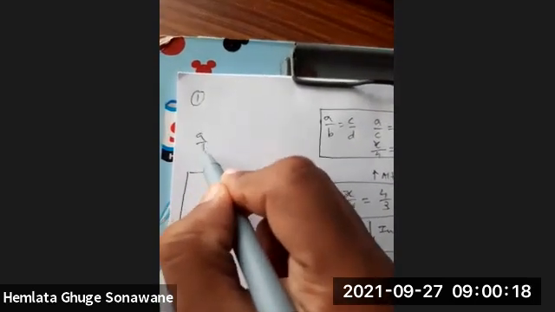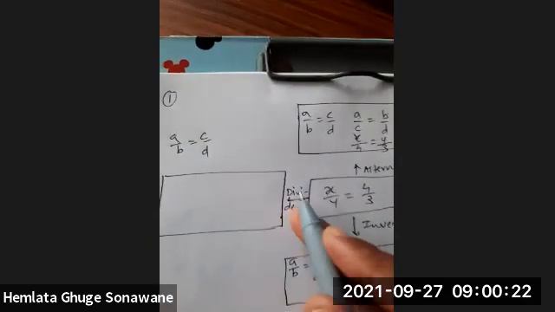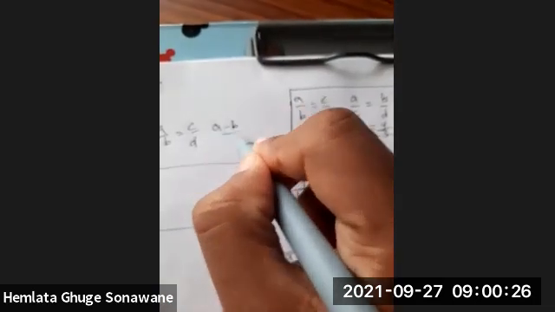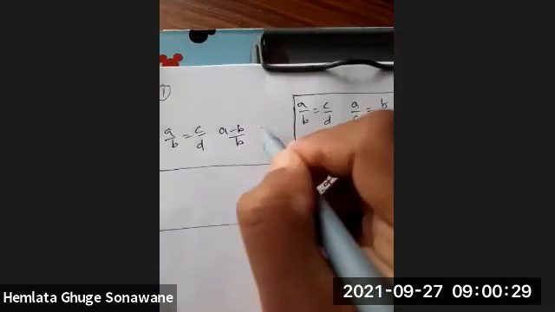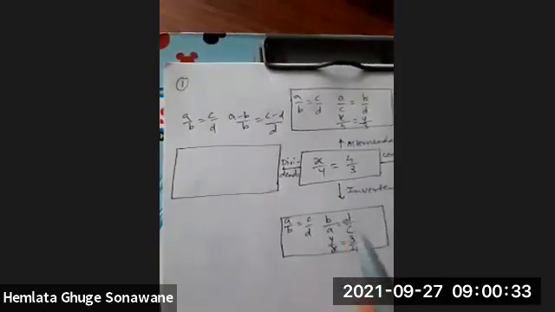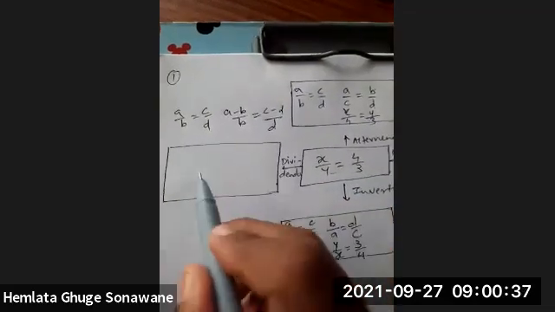Now the property of dividendo, that is minus. If A upon B is equal to C upon D, then by applying the property of dividendo, it becomes A minus B upon B is equal to C minus D upon D. Now how will we write this for x upon y is equal to 4 upon 3?